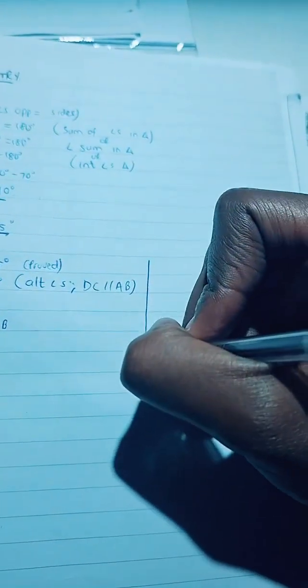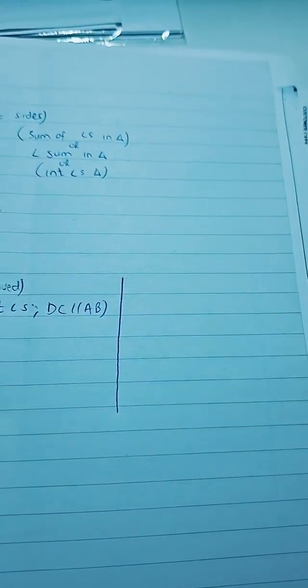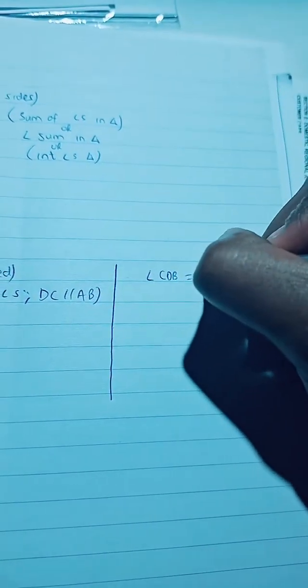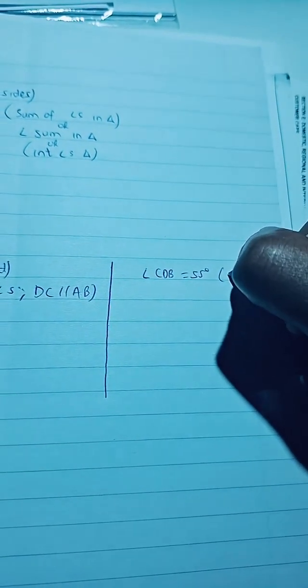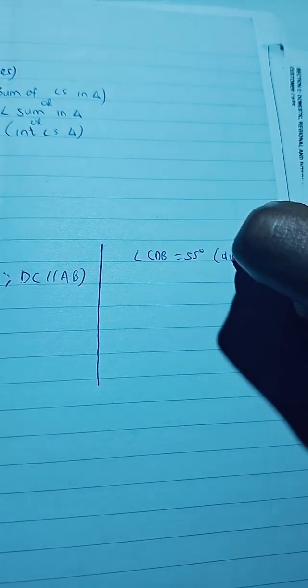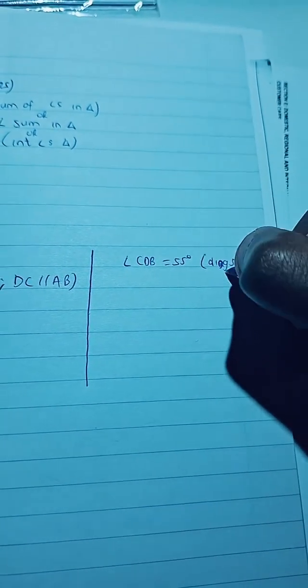So if I was someone else doing this question with a set of fresh eyes, without being influenced by what I did in the previous one, in this one, I could say angle CDB is equal to 55 degrees. And when I write my reason, according to the acceptable reason document, I can simply write diags of rhombus.